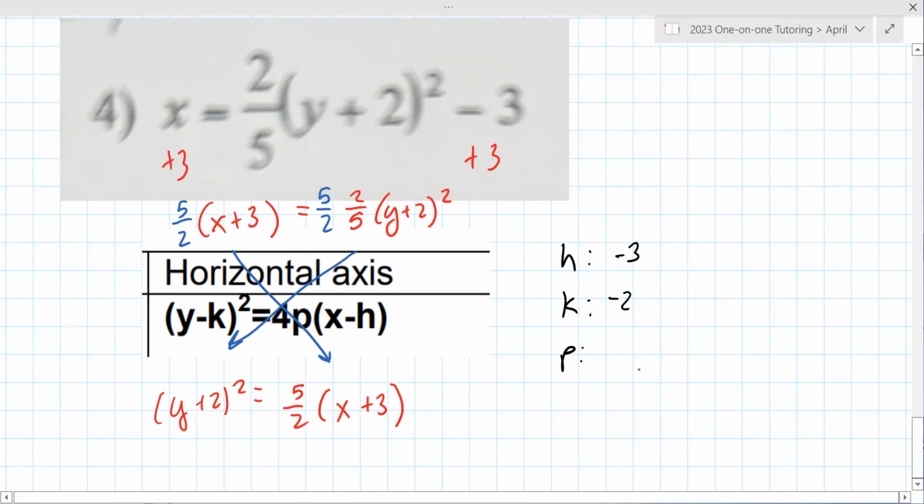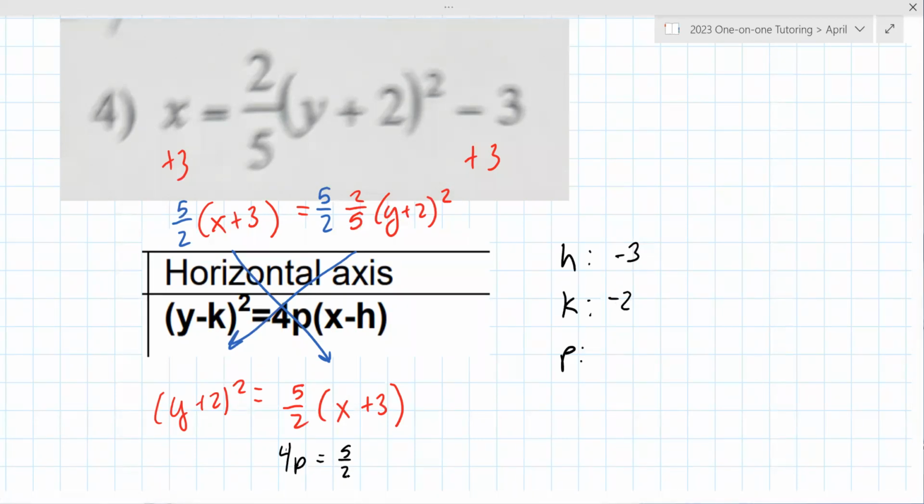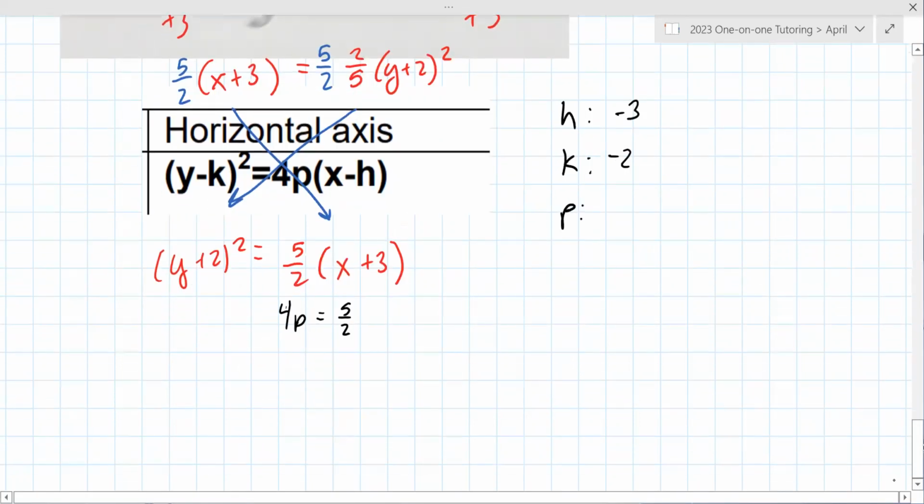Good. And then for P, you're setting 4P equal to 5/2. You have to solve that for P. Would P equal 10?